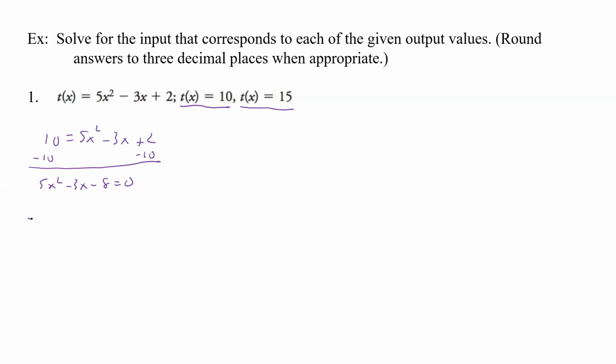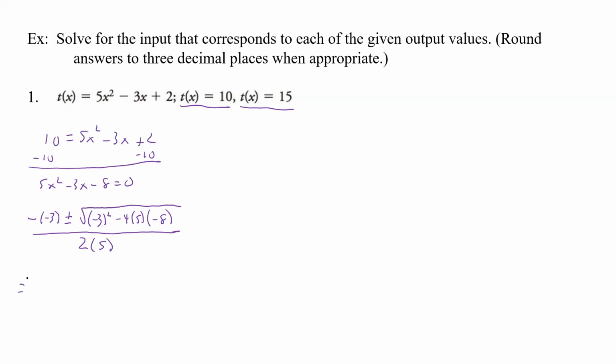And so it's going to be negative b, which is negative negative 3, plus or minus the square root of b squared, so negative 3 squared, minus 4 times a, which is 5, times c, which is negative 8, all over 2 times a, which is 5. Okay.